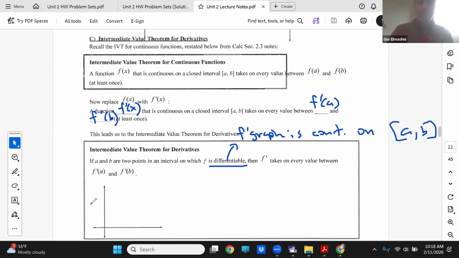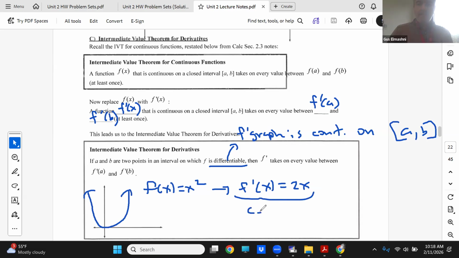So for example, that's continuous for all real numbers.